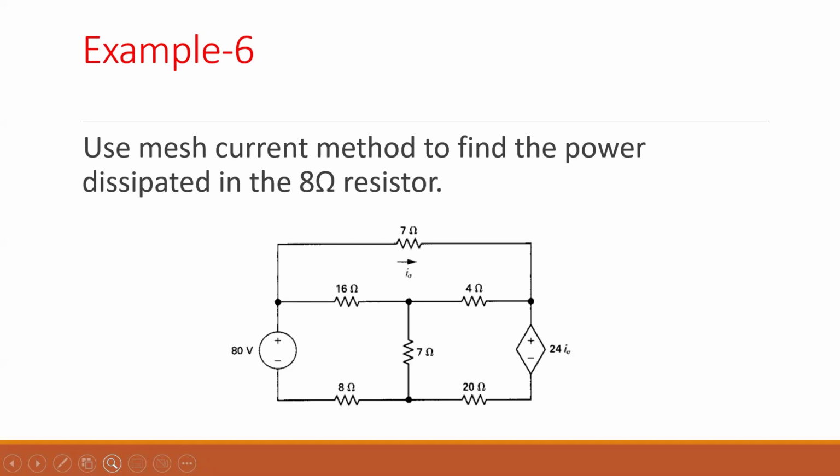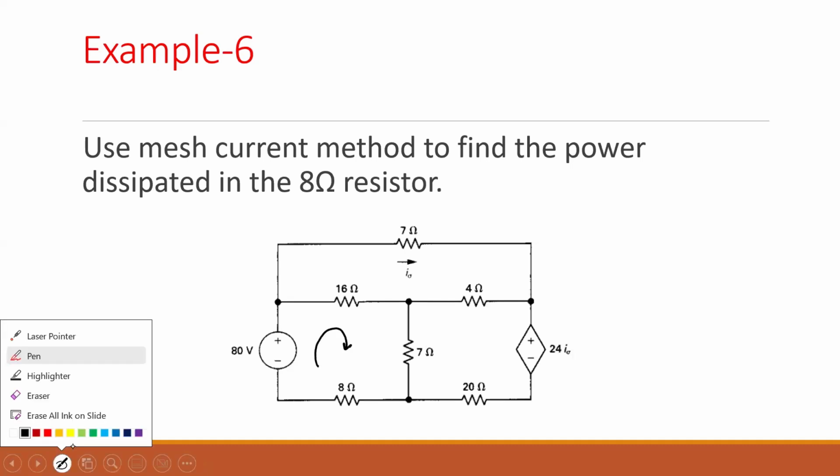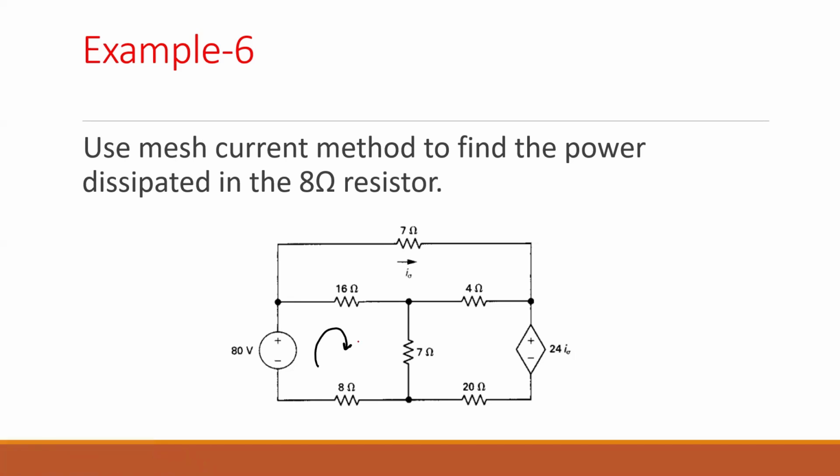Can you please get the three equations? Yes, three equations. They haven't given us mesh currents, so you assign your mesh currents. So this is my mesh 1. It's up to you which one you consider as mesh 1. Let's take all three of us the same I1, I2, I3, so that we get the same equation. Please write the equations here.